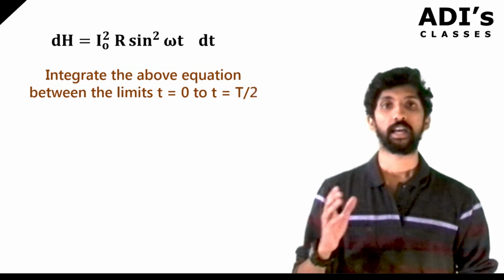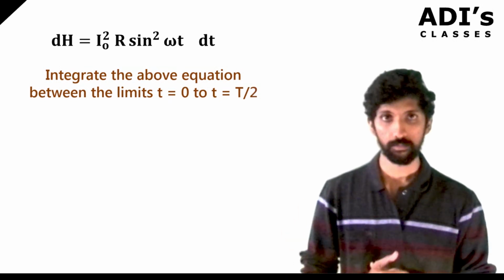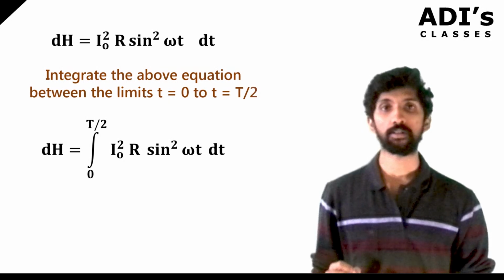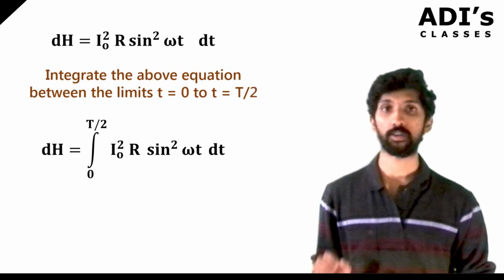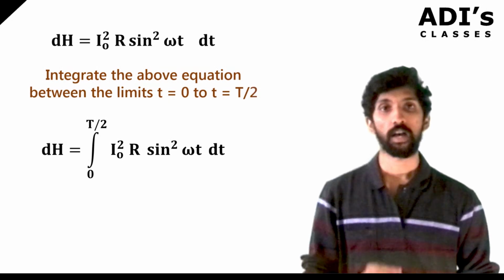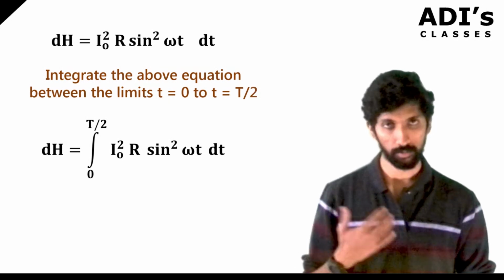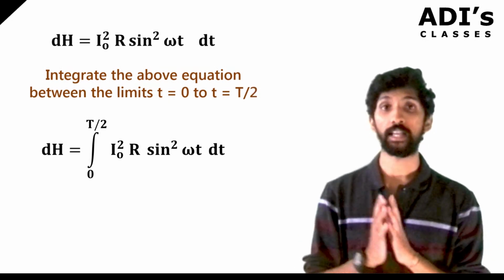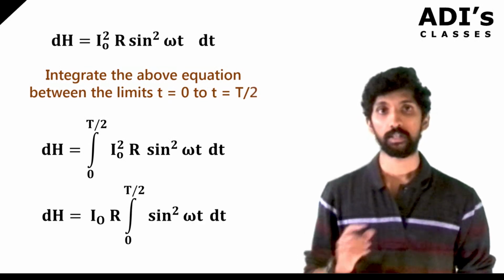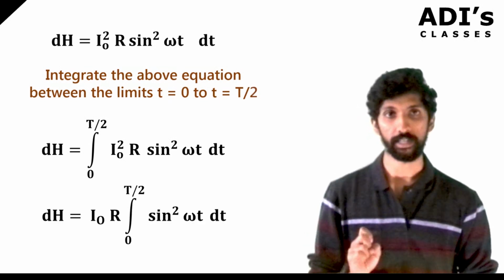So H = integral from 0 to T/2 of I0² R sin²ωt dt. Here I0² R is a constant, so we take it outside: I0² R times the integral from 0 to T/2 of sin²ωt dt.